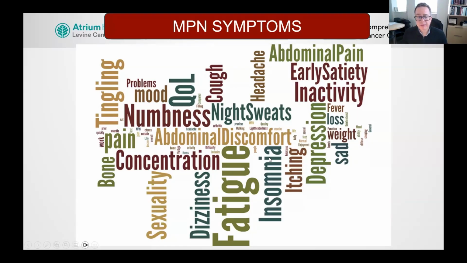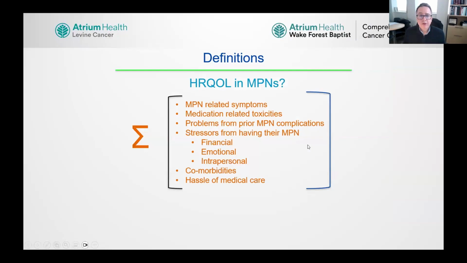So much so that there's been a lot of clinical and translational investigation to try to understand why are these symptoms present, what's driving them, and how do we address them effectively. Health-related quality of life is a big research area these days in academics, but also within the MPN field, and it really relates to an amalgam of symptoms that are directly related to the MPN, toxicities that can relate to medications that we're giving either to the MPN or to other comorbidities.